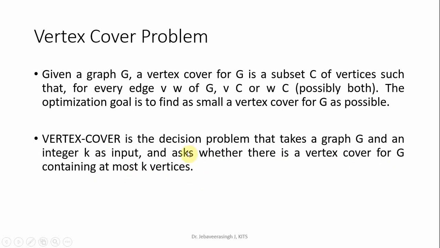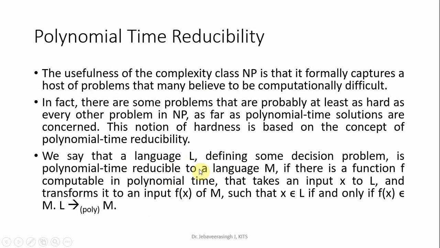So K is the upper bound on the number of vertices in the set C. Our aim is to find whether we can construct a vertex cover with a maximum of K vertices. So this is also one of the NP problems.